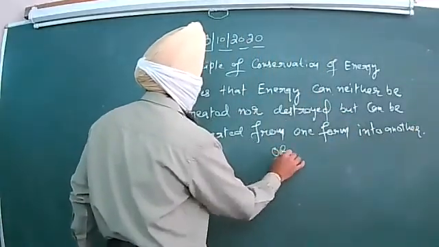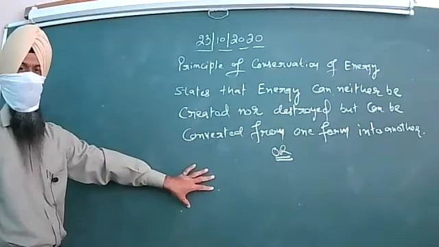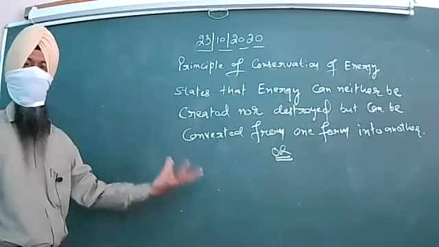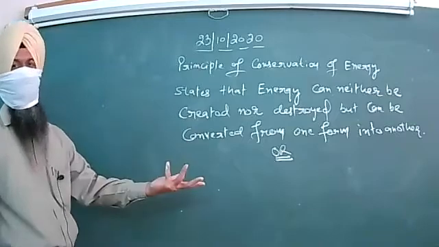Second way is there to define it also. Principle of conservation of energy states that energy remains conserved. However, one form of energy can be converted into the other form.